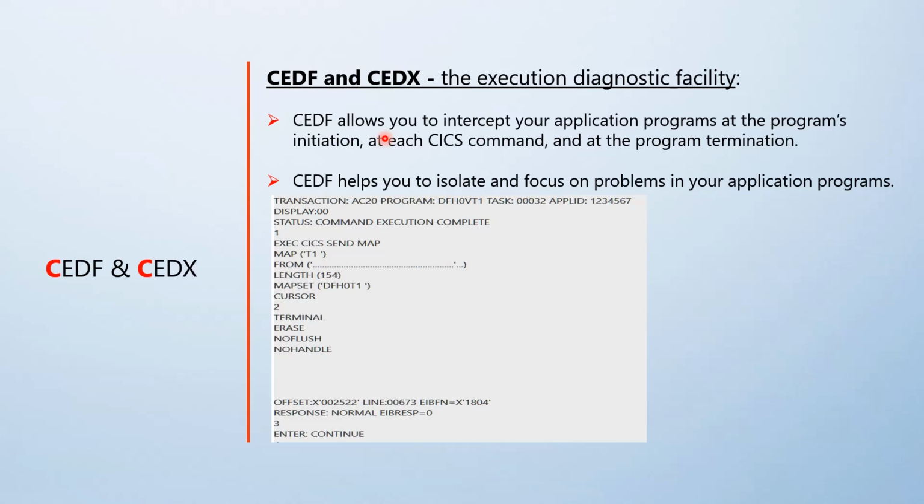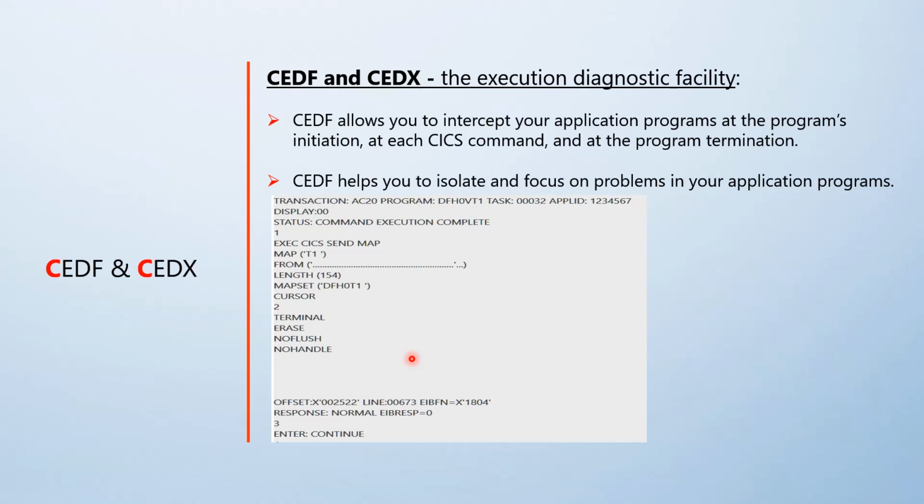Wherever your program encounters an EXEC CICS command, it stops and gives a display like this. It shows what the EXEC CICS command is, what the values are, whether it was executed successfully, what the response codes are, and what the line number and offset of that statement are.